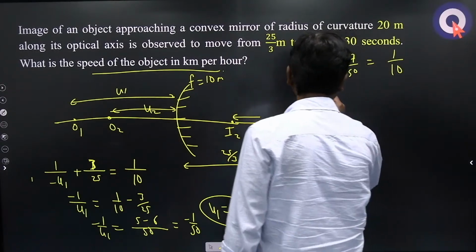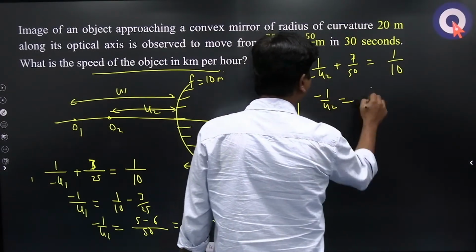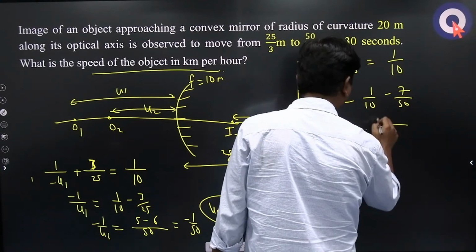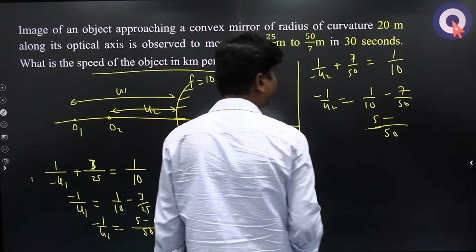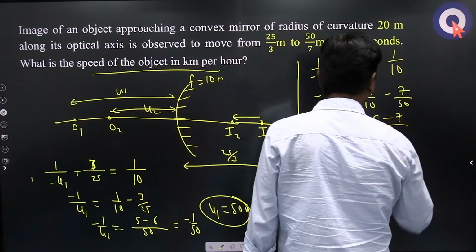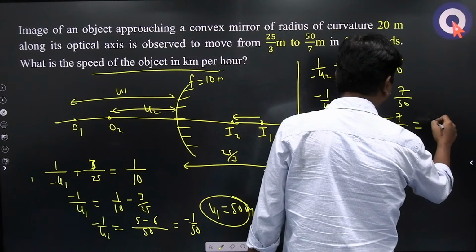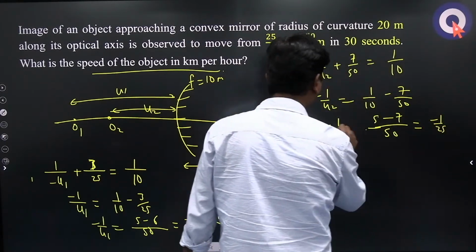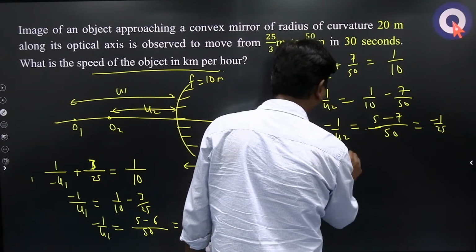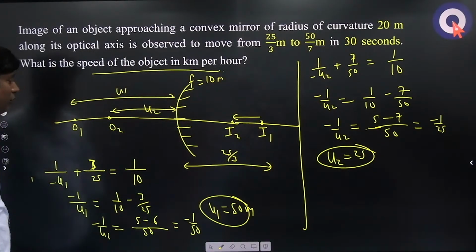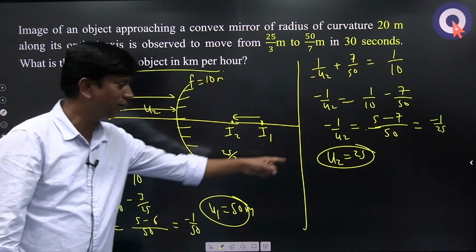So minus 1/u2 is equal to 1/10 minus 7/50, which is 5 minus 7, so minus 2/50, which gives minus 1/25. So u2 is 25.